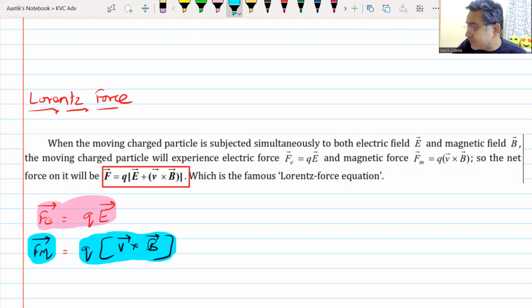Now, questions which have both electrostatic and magnetic fields can be very difficult, but those questions are not going to come. What type of questions are going to come? We will discuss them case by case, and one of those cases would be coming in your exam.